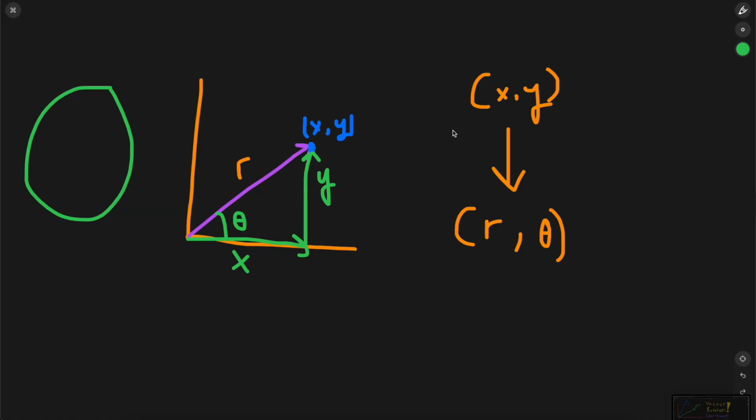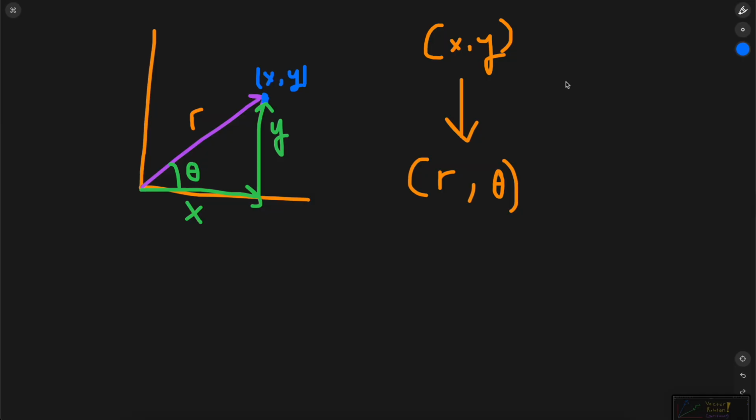Polar coordinates are simple, but the best thing to pull out of this is the relationships. Now, if you remember from your calculus days, or if you haven't had calculus, you may or may not have done this.